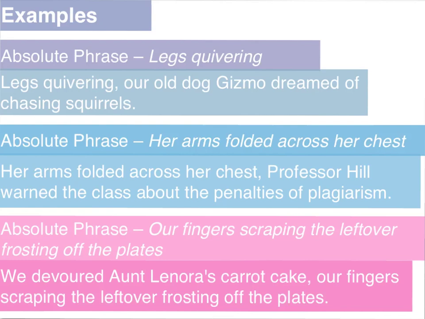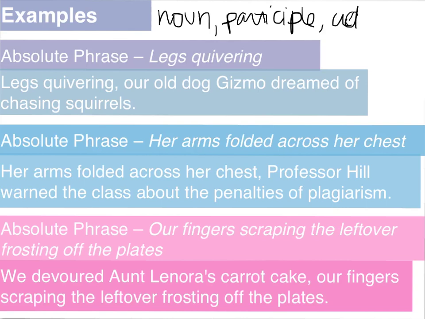The best way to learn about absolute phrases is to see them in action. And keep in mind we are looking for a noun, a participle of a verb, and possibly a couple of additional objects. So let's take a look.